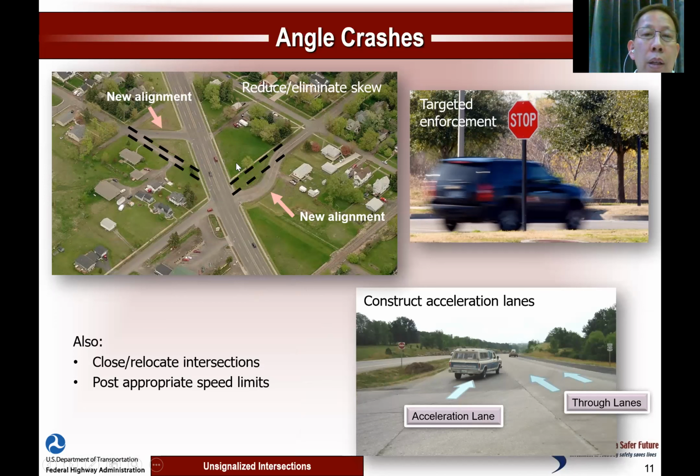Previously, this is the new alignment here. It shows a previous driveway with an angle connection to the main road. As we learned earlier, make it as close to a right angle as possible, so everyone can see. This one is a little tricky because it's going to be almost like an intersection here.